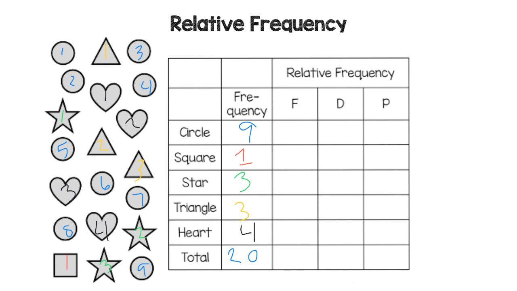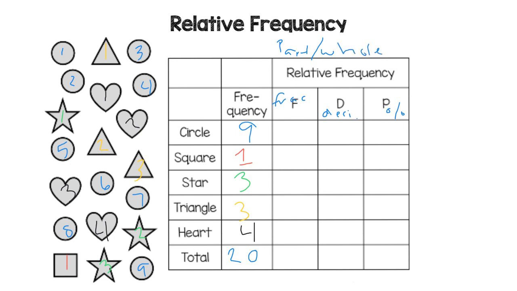Okay, so now if you remember, when we put something into a percent or a fraction, in order to get it to a percent, we need to find out the fraction and the decimal. So this F here stands for fraction. The D stands for decimal. And the P stands for our percent. Okay, so when we have a fraction, it is our part over our whole.